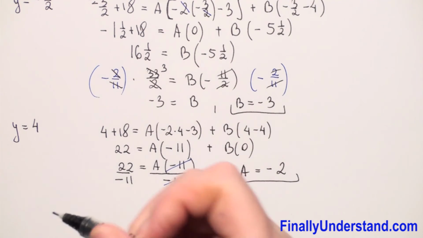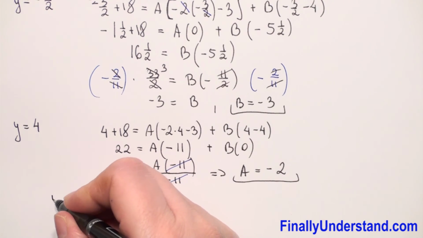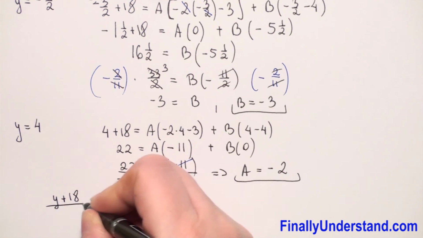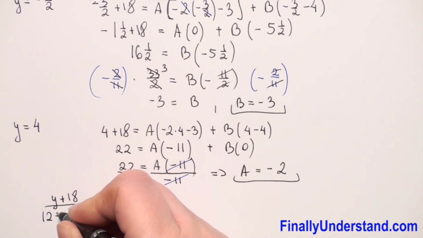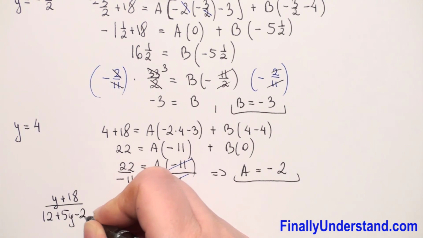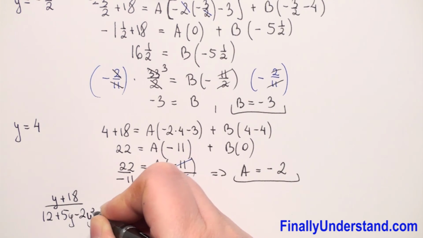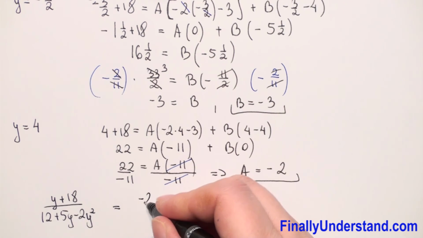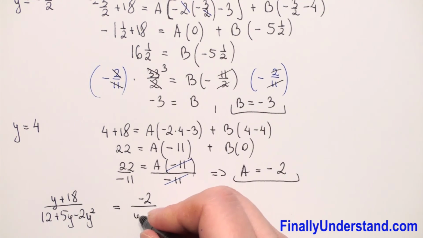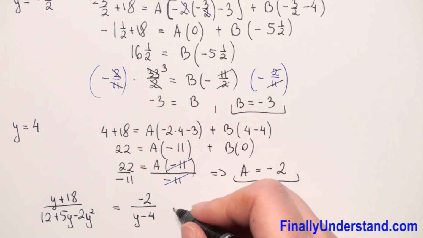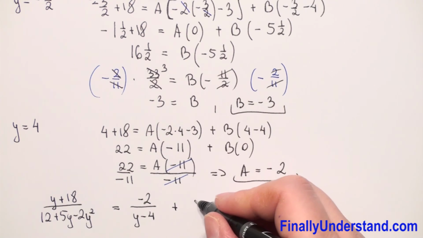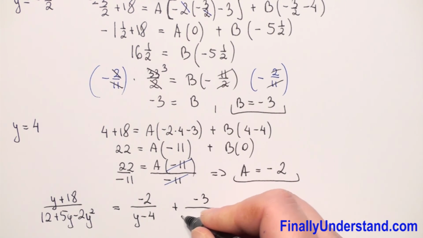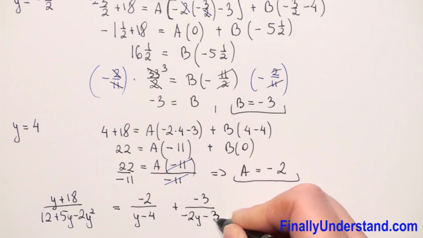So we will have y plus 18 over 12 plus 5y minus 2y squared. This is equal to, a is negative 2, so we have negative 2 over y minus 4, plus b is negative 3 over negative 2y minus 3.